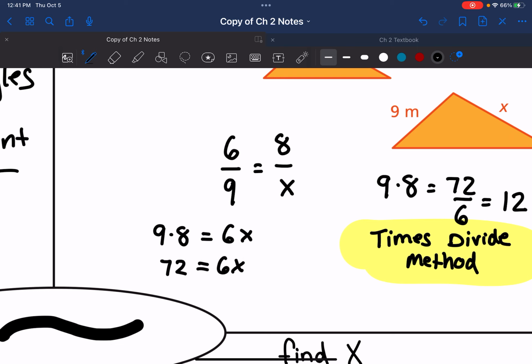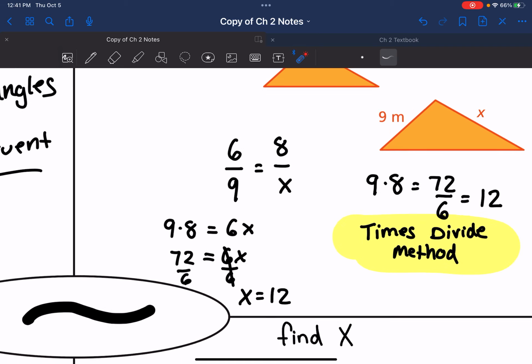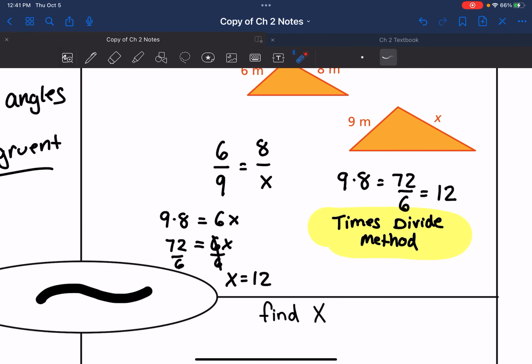Can I solve this to get x by itself? Yes, we can. We can do the opposite of what's happening to x and divide the 6 to both sides. When I divide that, I'm going to get 72 divided by 6, and x will end up equaling 12. I want you to notice that the times divide method is actually exactly what we just did over here. It's just the shortcut.